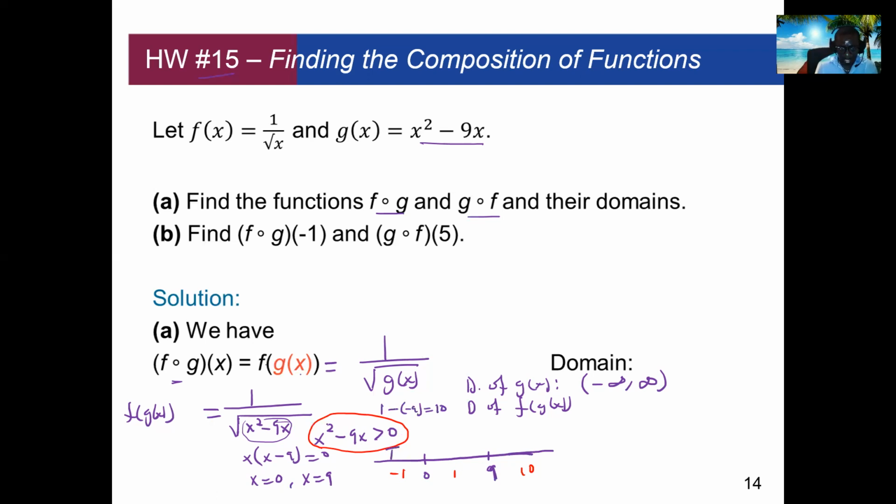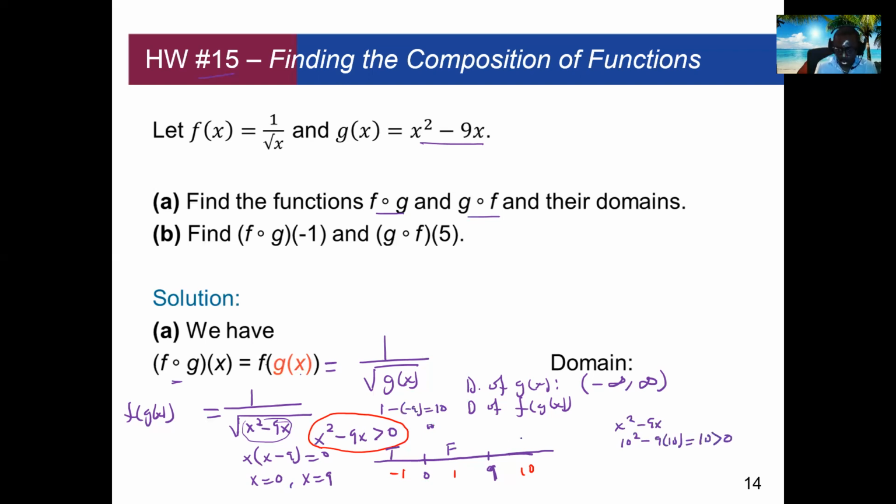Then let's pick 1. You are going to have 1 minus 9, which is what? Which is not greater than 0. So this is false. And if you pick 10, 10 squared is what? 100. With x squared minus 9x, if x is 10, you get 10 squared minus 9 times 10. So you get 100 minus 90, which is 10, which is greater than 0.